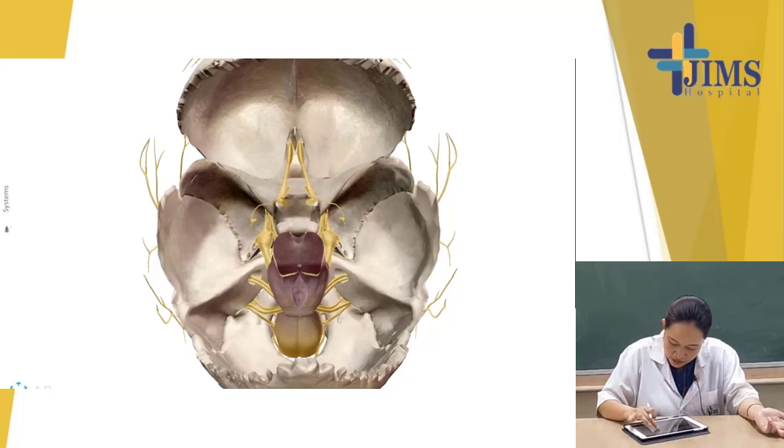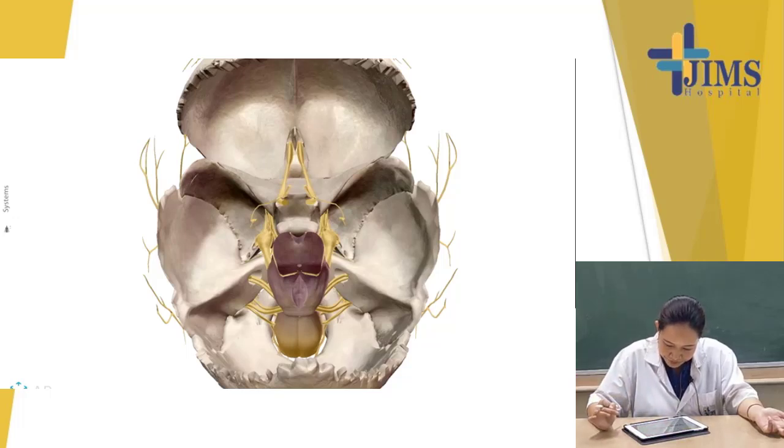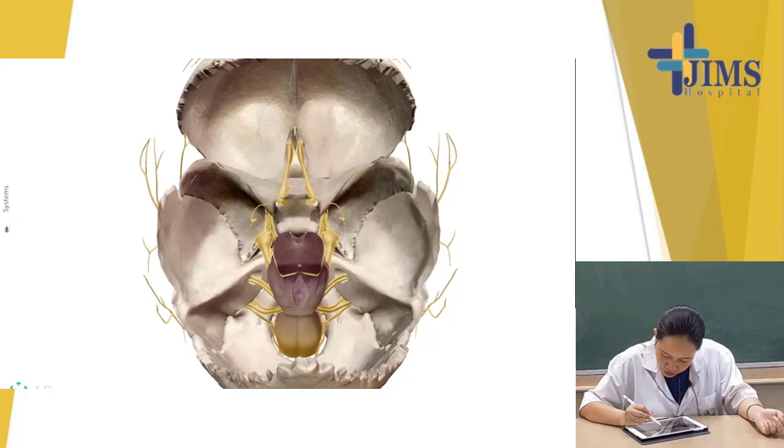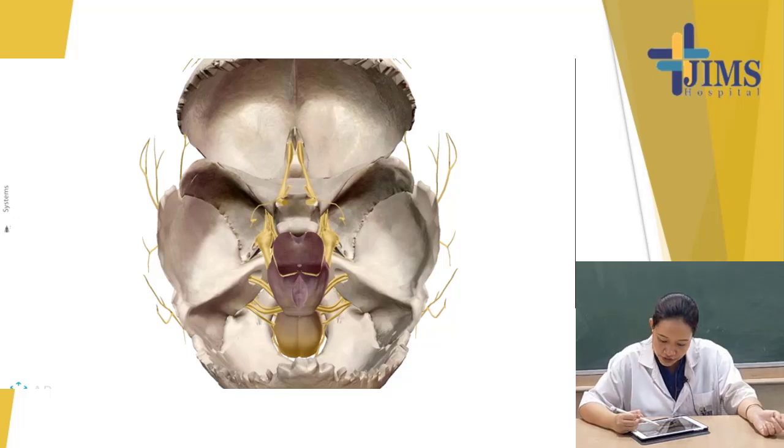So, I hope you all can see here. I think it was seen better in the other picture. See here, this is the oculomotor nerve. It is related to, as I have told, two more nerves on the lateral wall of the cavernous sinus.